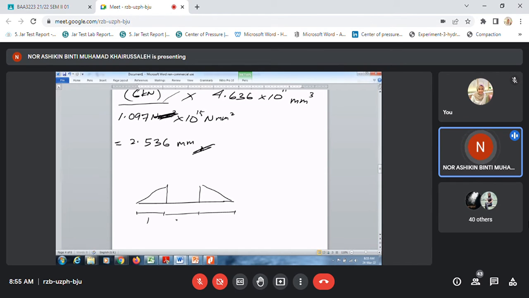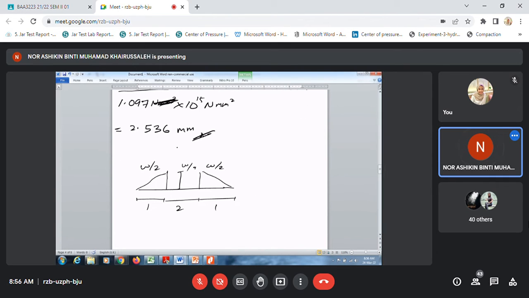So 1 meter, 2 meter, 1 meter. This is W over 2. Okay, so the formula is WA over 120 EI times with the 16A square minus with the 20AB plus with the 5B square.